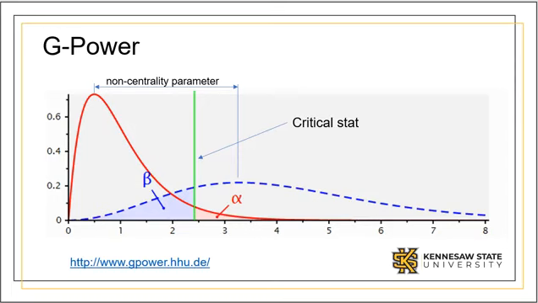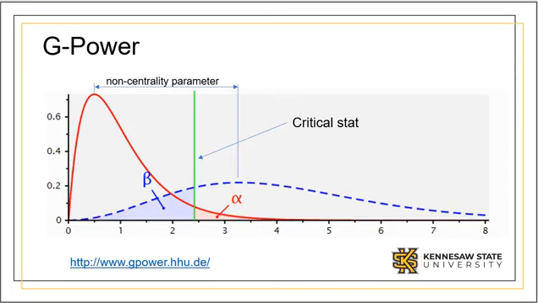G-power is essentially an optimizer. We start with a distribution, the red curve, governed by a type of statistical test we are running, and use this to derive a non-central distribution, the blue curve, based on the original distribution.